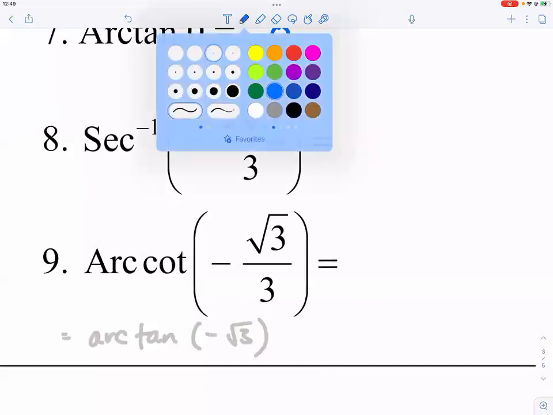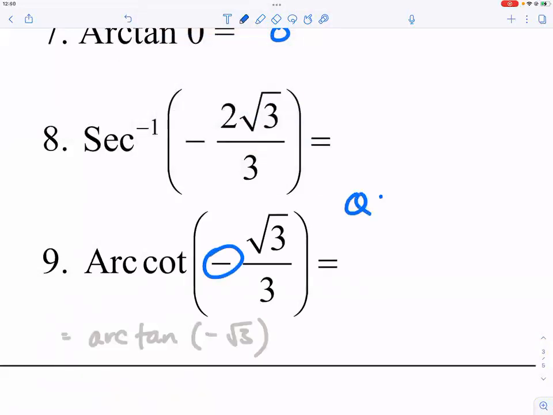First, it's a negative, so it's in quadrant 2. That may not work so well because it will not give you a quadrant 2 angle. So quadrant 2 with this negative. Cotangent of what angle in quadrant 2 will give you negative √3/3? It must be 2 pi over 3.